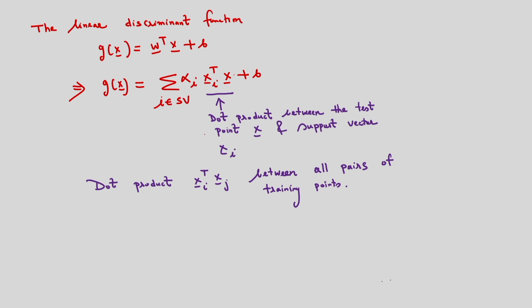So the optimization problem computes the dot product between xi and xj for all pairs of training points. For classification, I have to consider the discriminant function, and mainly the dot product between the test point x and the support vector xi. Based on this, I can take a classification decision.